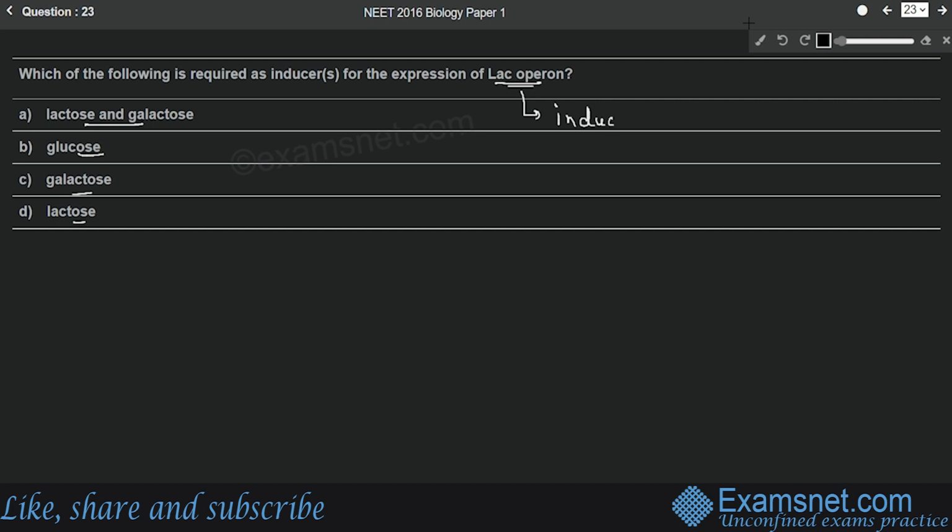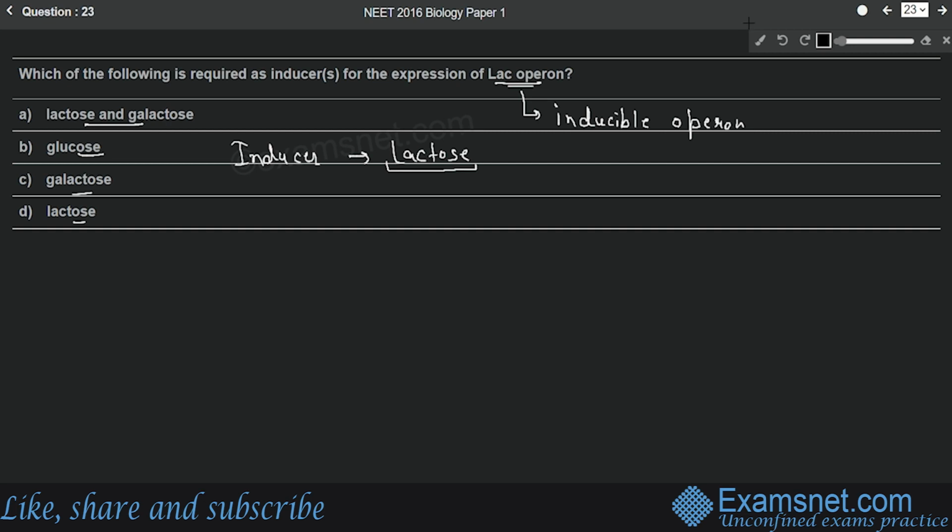That means it can be induced by an inducer, and the most suitable inducer for lac operon is the lactose. And it is quite clear from the name also. Lac means lactose. Okay, lac comes from the lactose.